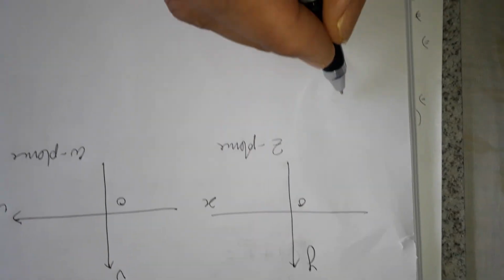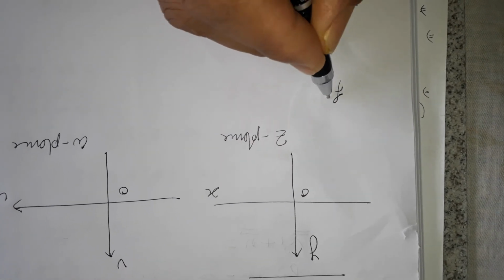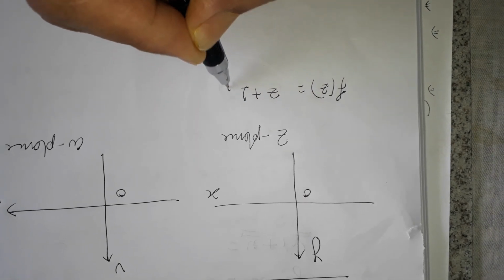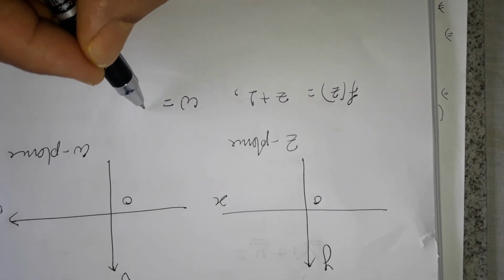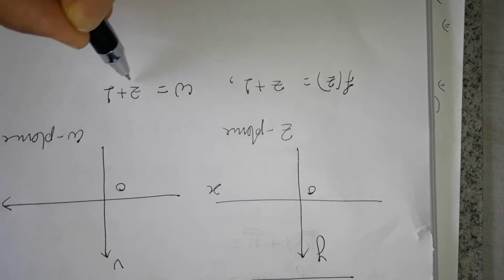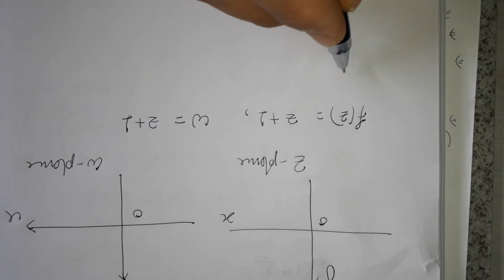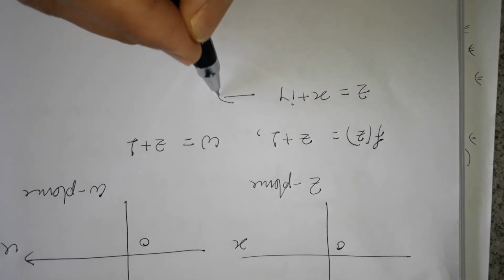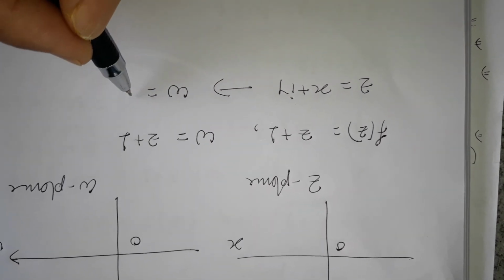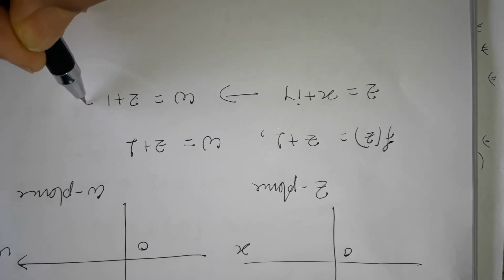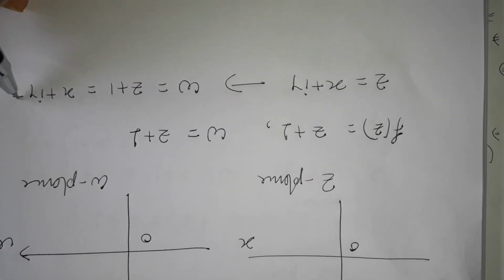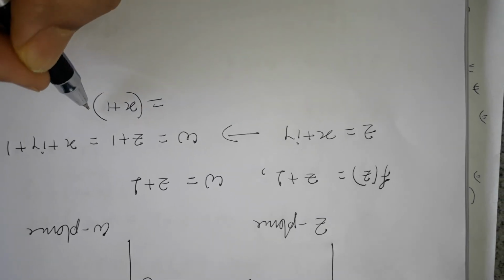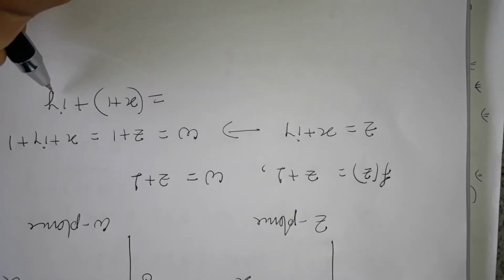Okay, for example, let us take the transformation f(z) equal to say z plus 1. So the corresponding image points are what? z plus 1. So you see that z equal to x plus iy is transformed to w equal to z plus 1, and that is nothing but x plus iy plus 1, and that is x plus 1. This is the real part of w and this is the imaginary part.